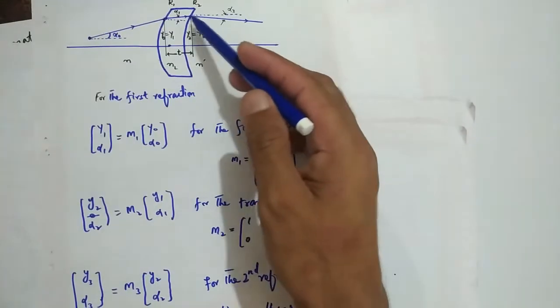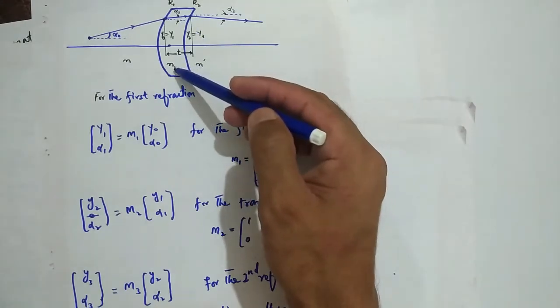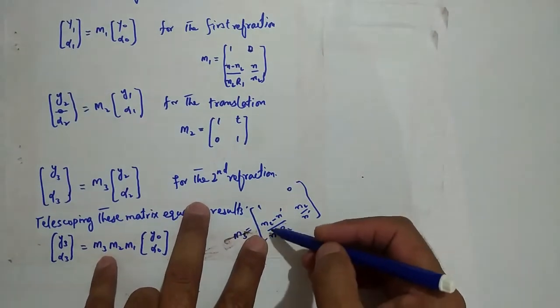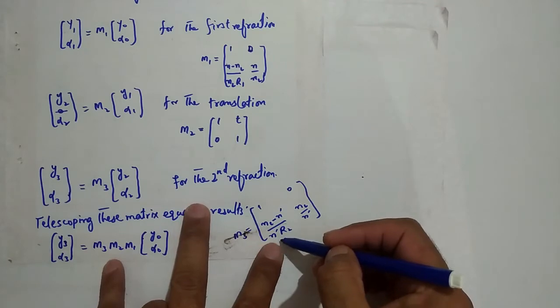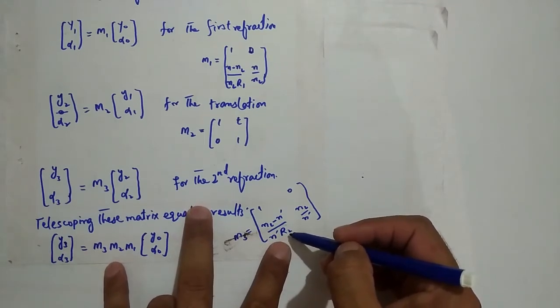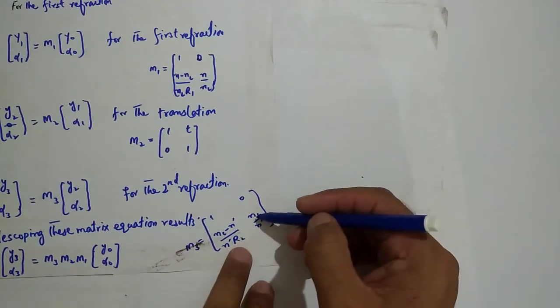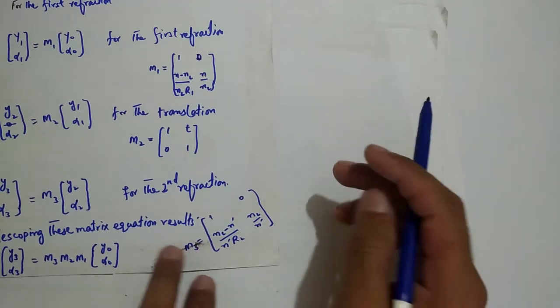But for the third matrix, the light ray is entering from the medium nL to n prime. So I have only changed these elements, which is now nL minus n prime divided by n prime, and here the radius is R2 because the radius of this spherical interface is R2, and into this element is nL upon n prime. Clear?